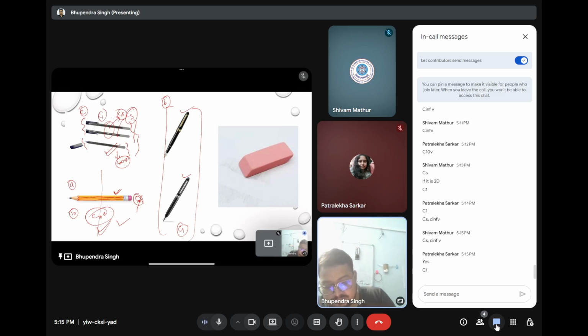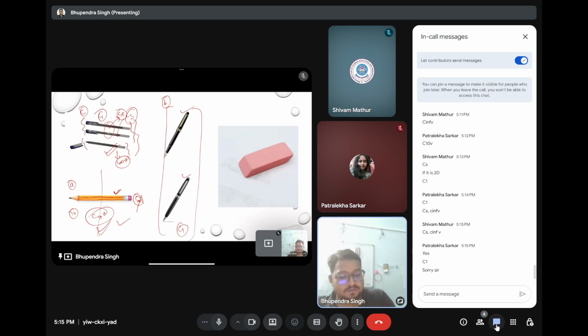Yes, it is C1, no? Okay, tell me the point group of the eraser. Sorry, no problem.